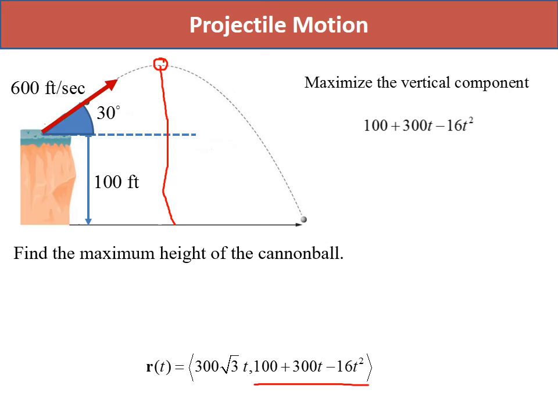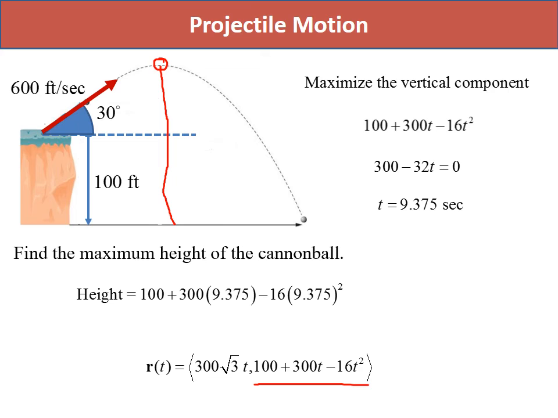Now, if you remember your Calculus 1, you maximize that by doing the derivative, setting it equal to 0, and then solving. Now the value of t is not what we're looking for, but that is the value that gives us our maximum height. So we want to substitute that back into the y component of the position function.